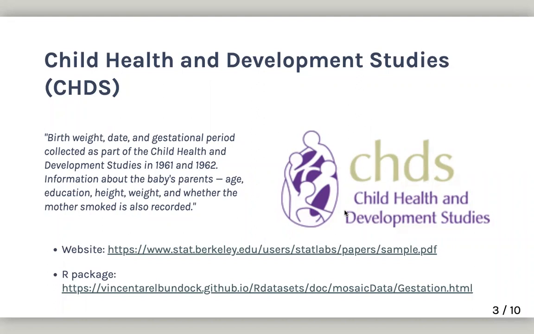It also includes information about the parents, the mom and the dad, like age, education, height, weight, and whether the mom smoked or not. The actual data set has a website, and there is an R package you can download, but I gave you all access to the raw data set so we can work on this exercise.